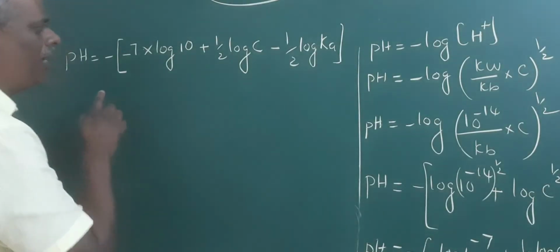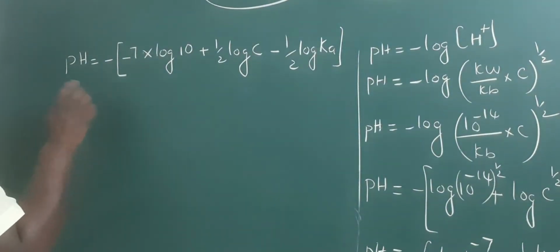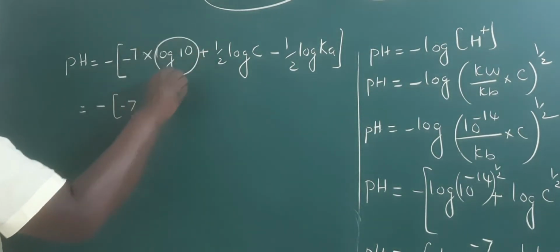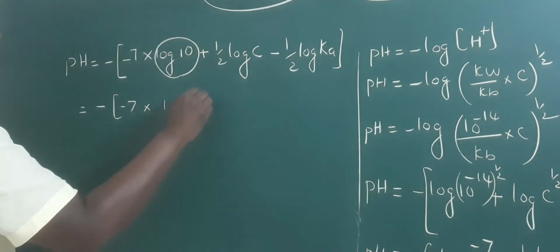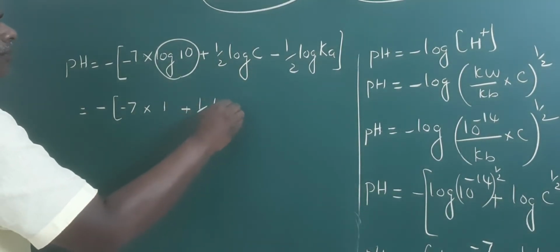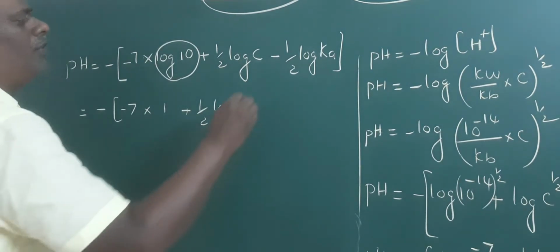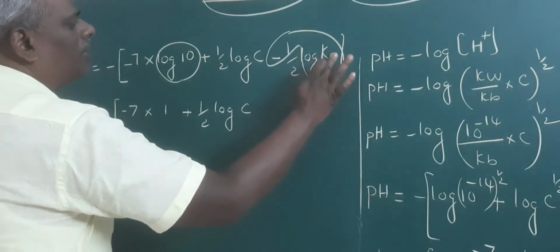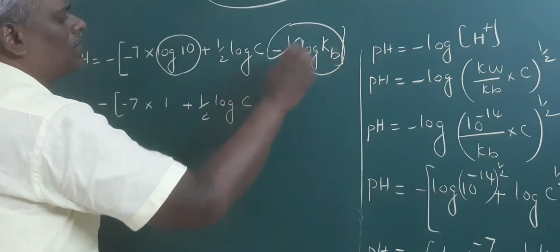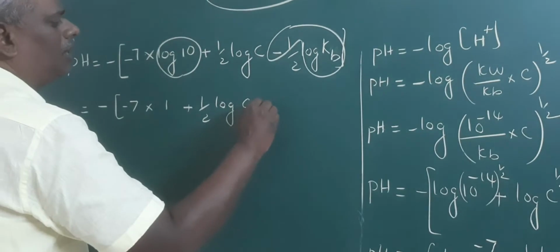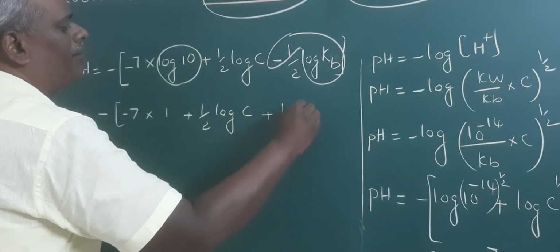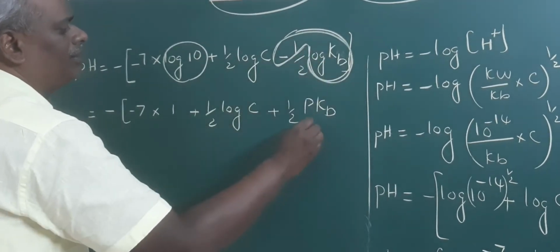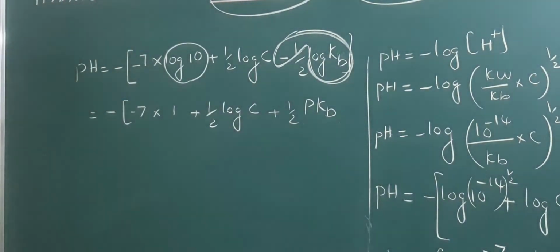Now this is rewritten as follows: minus 7 into log of 10, which is 1, plus half into log C. We know minus log of Kb is nothing but pKb, so this term minus log of Kb is written as pKb.